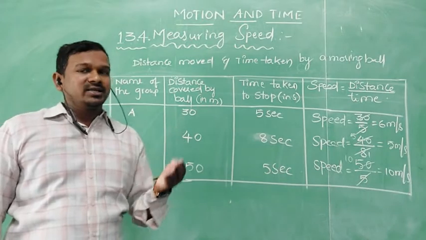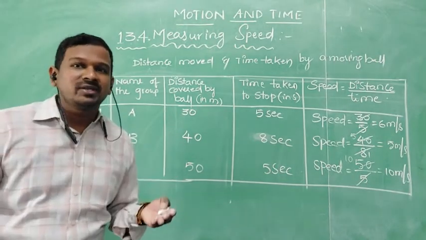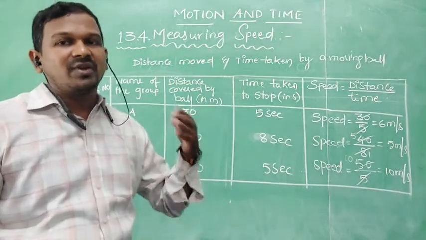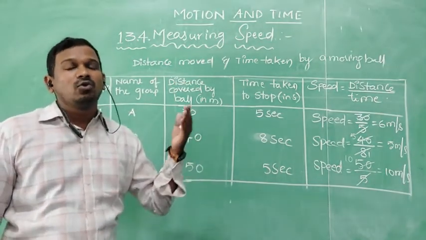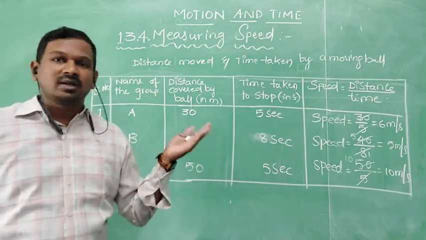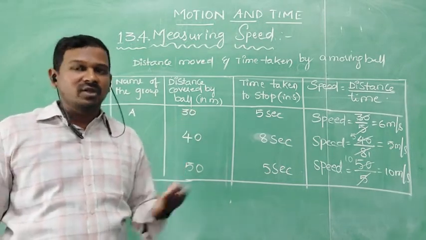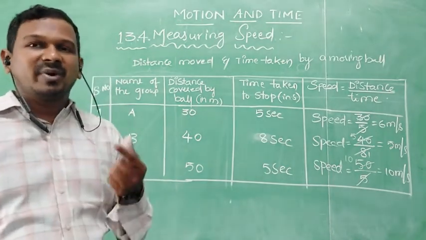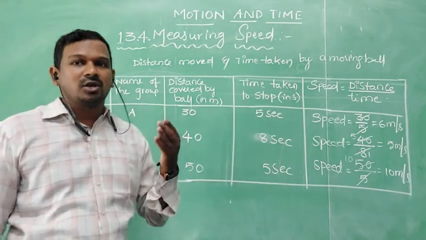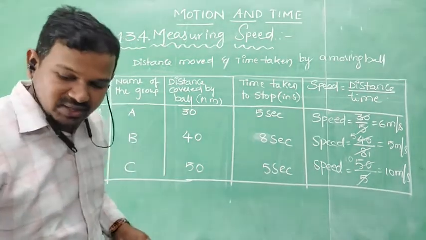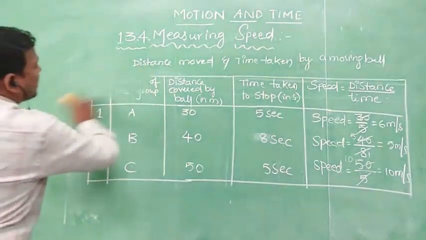We can conduct a cycle race to decide who is coming with high speed and who is coming with low speed, who will reach the destination in less time. Then we can say that the particular winner came with a high speed. Who came last? We can say that person reached the destination late because of low speed. Like this, we can describe the speed.